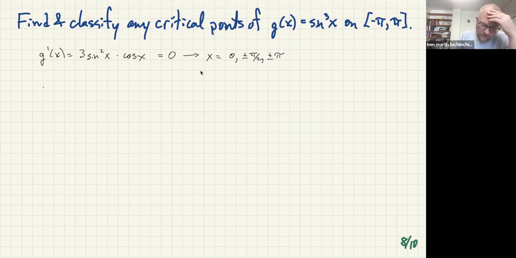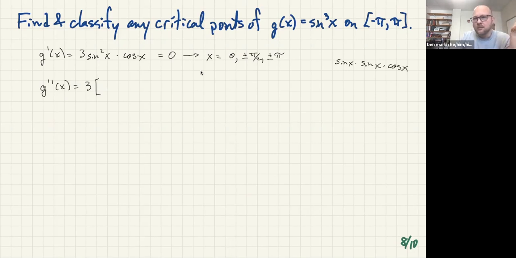So now we're going to need g double prime of x. Oh no, that's going to be kind of messy. We can leave the 3 sitting out front. And you can think about this as being sine times cosine, right? So if you're taking sine times cosine, maybe I better write that out to the side, sine x cosine x.